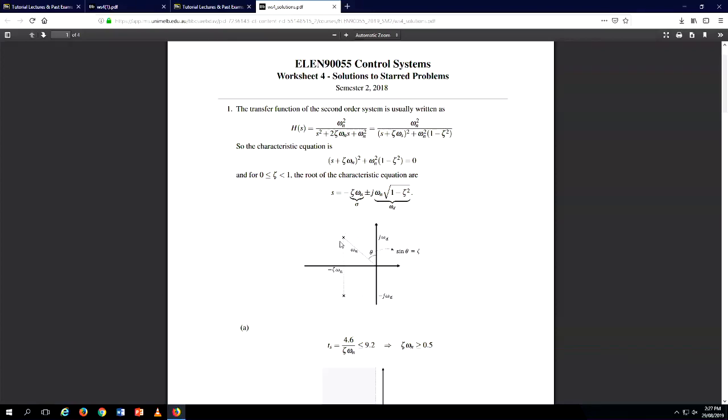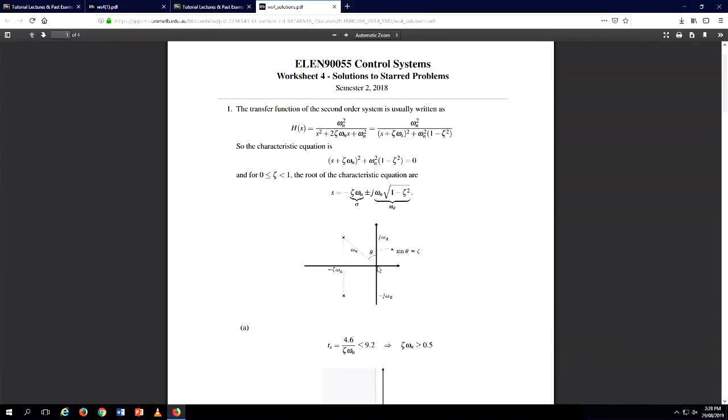If you represent the poles of this transfer function in the complex plane, you can represent them either using Euclidean coordinates, minus zeta omega n and j omega d, or in these omega n, zeta coordinates.